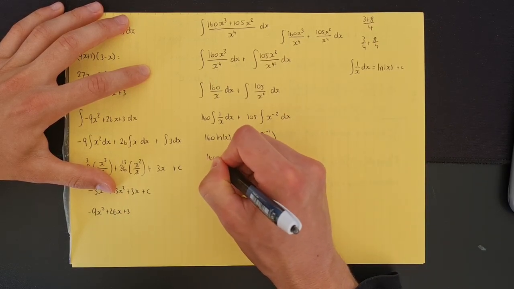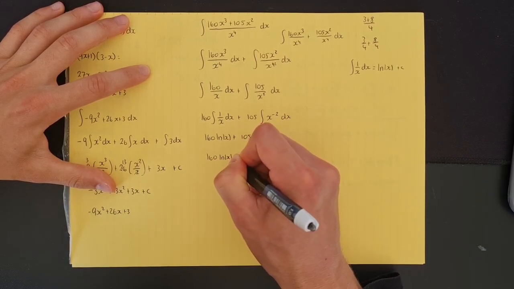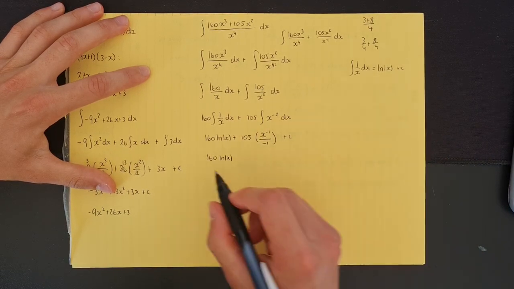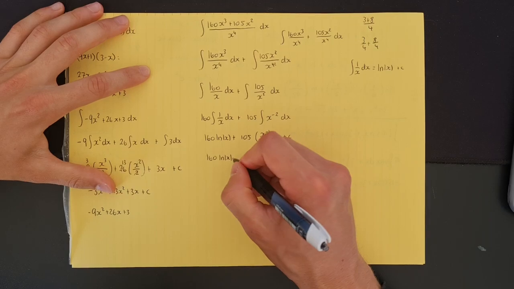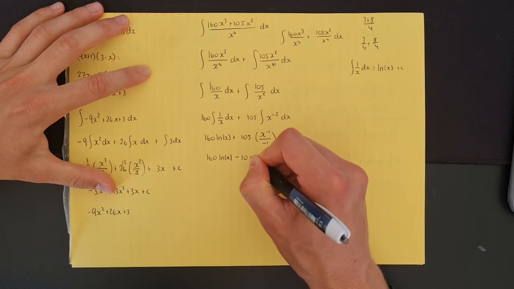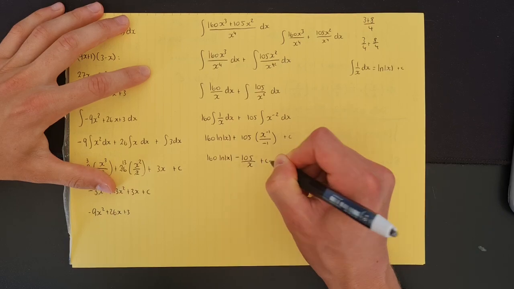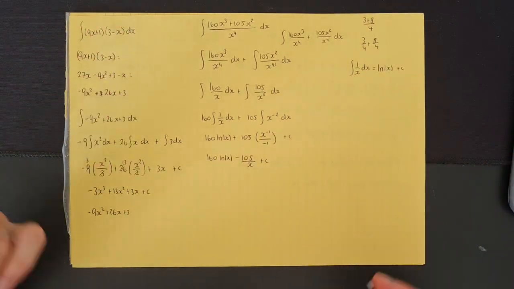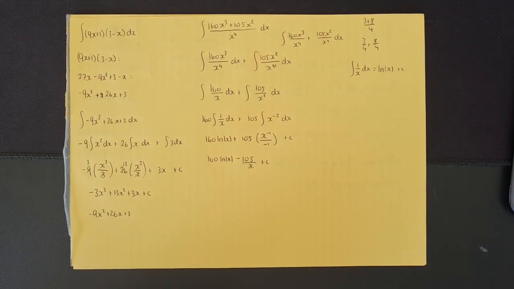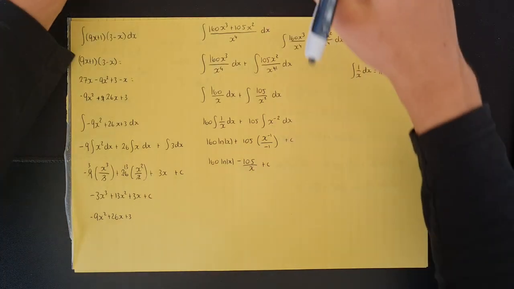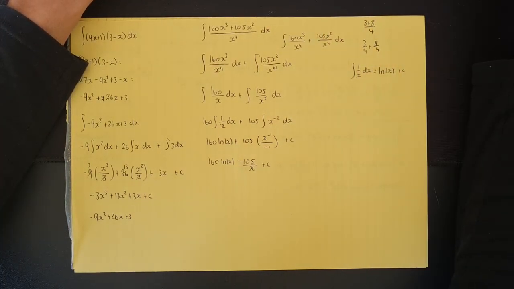So now we're going to have 160 times the natural log of x. We have to put the plus c. Make sure you don't forget it. 160 ln x. And then it's going to be minus 105 over x plus c, right? X to the negative 1 is the same as 105 over x. Okay, so now I'm going to go ahead and write that in as my answer.